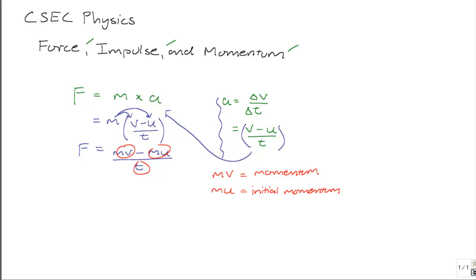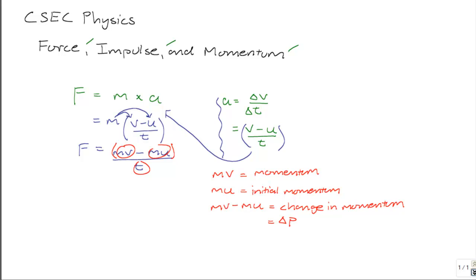Following that reasoning, mv minus mu is equal to change in momentum. So this part up on the top of our equation is the change in momentum of the object, sometimes represented by the symbol delta p.